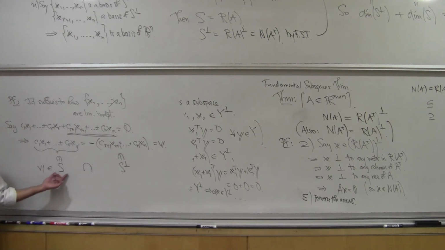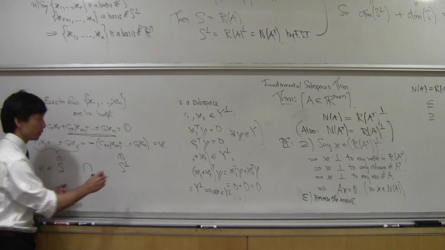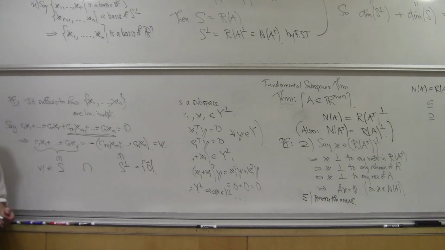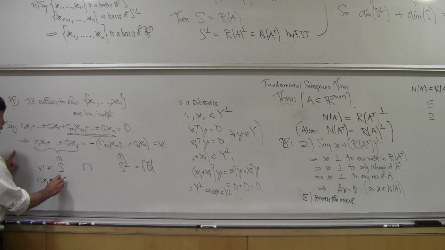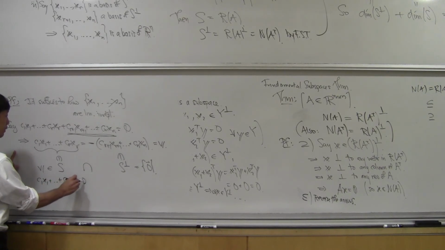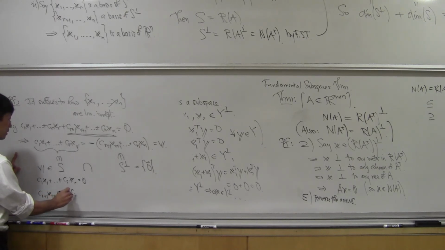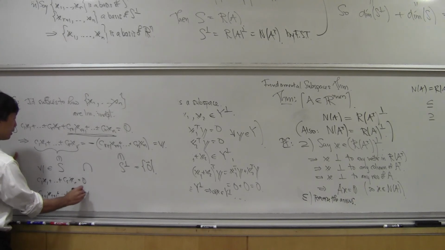But the intersection of S and S perp is 0. That tells you that c1 x1 plus ... plus cr xr equals 0, and c(r+1) x(r+1) plus ... plus cn xn also equals 0.